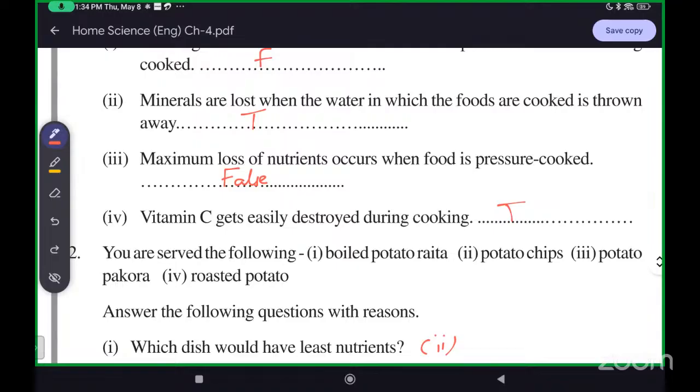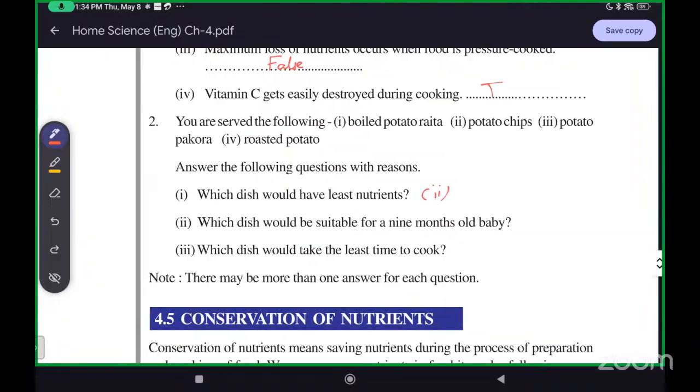Because pressure cooking happens fast, it reduces the amount of time in which nutrients are exposed to heat. So it is a false statement.